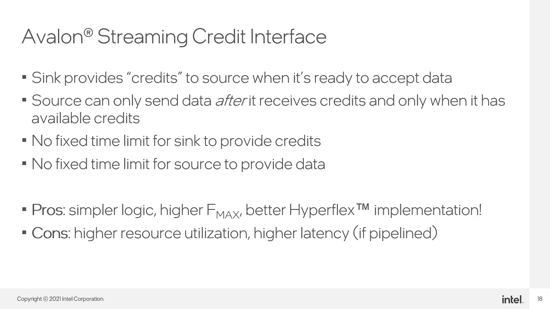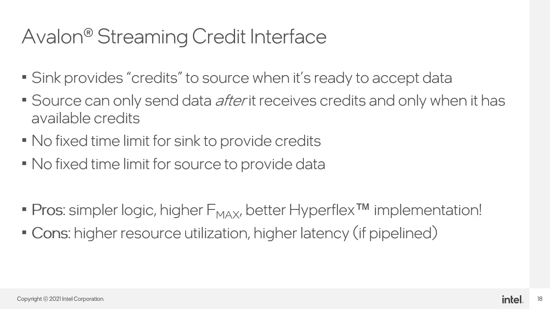To create a more Hyperflex-friendly interface, you can use an Avalon Streaming credit interface instead of the standard streaming interface. In a streaming credit interface, the sink provides a certain number of credits to the source to indicate it's ready to receive data, instead of using the ready control signal.